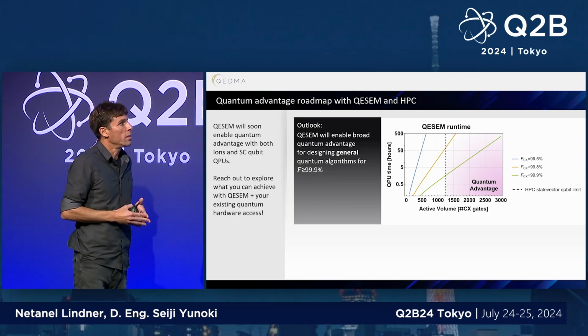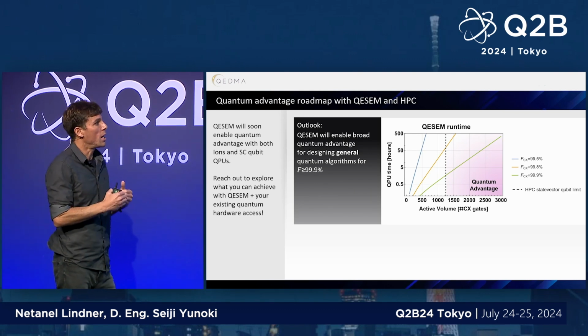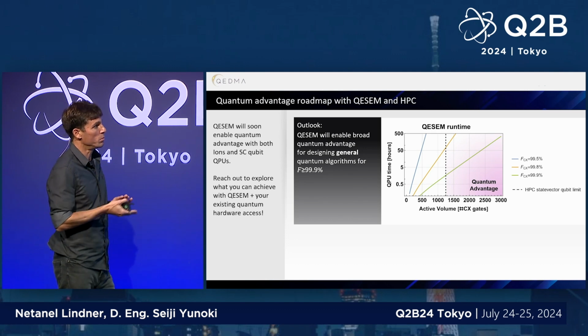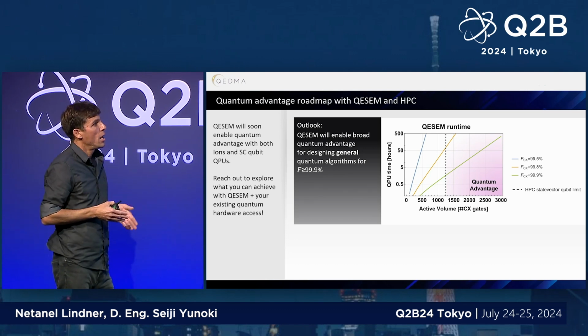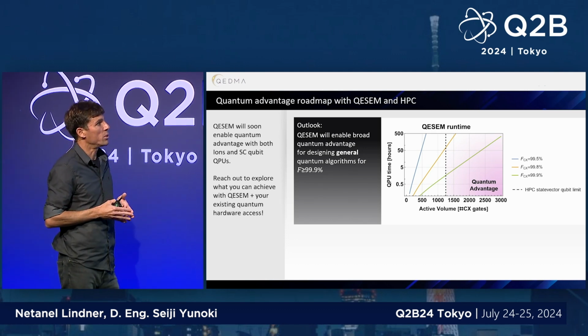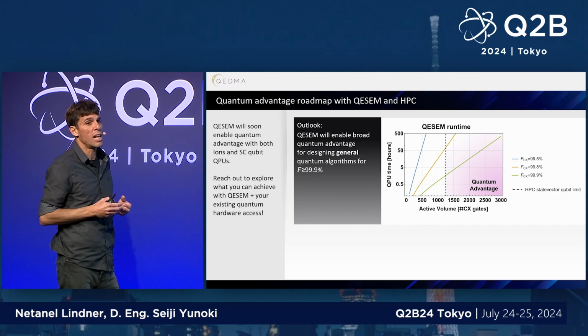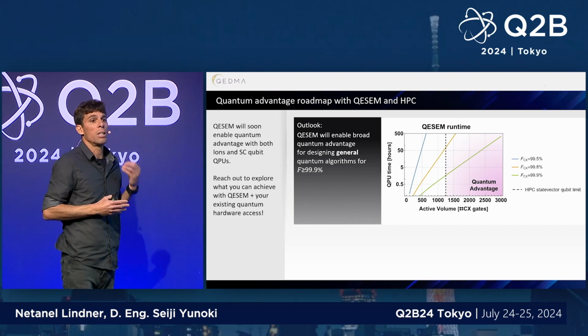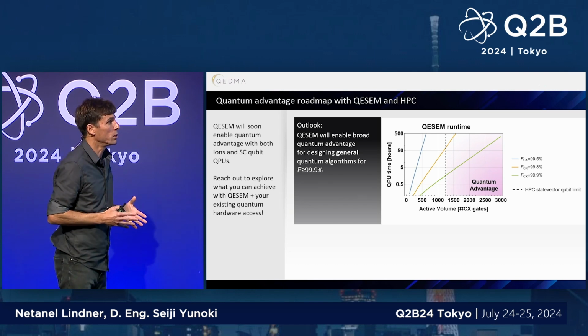by plotting the required QPU time to error mitigate a certain active volume here on the horizontal axis. And you can plot these QPU times for different fidelities, and you can ask when do these lines cross into the regime where these circuits are no longer simulatable. Okay?